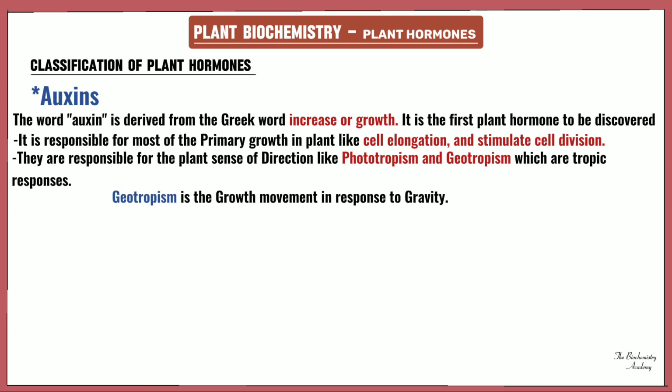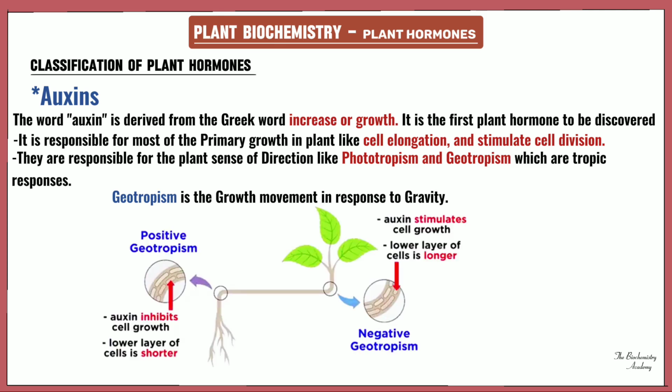Then geotropism is the growth in response to gravity. Now, the positive geotropism is the roots growing deeper, growing downwards, while the negative geotropism is that the shoots grow upward.